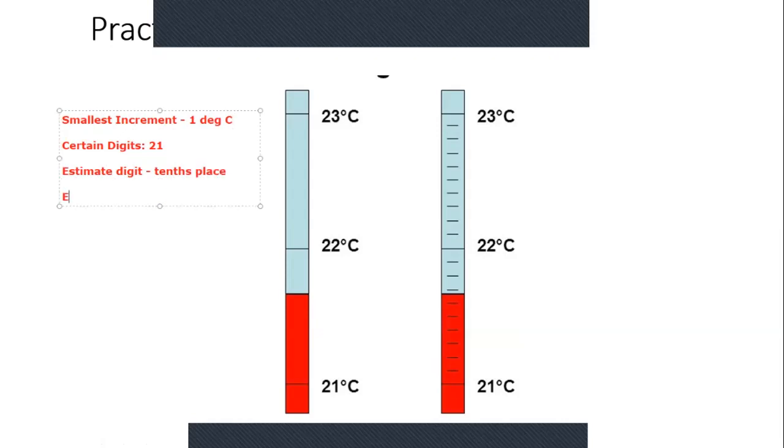So we would estimate, for example, 0.5. So our measurement would be 21.5 degrees Celsius. This has 3 significant figures.